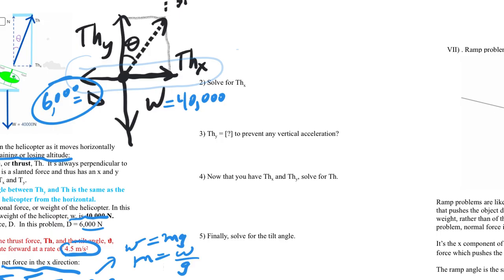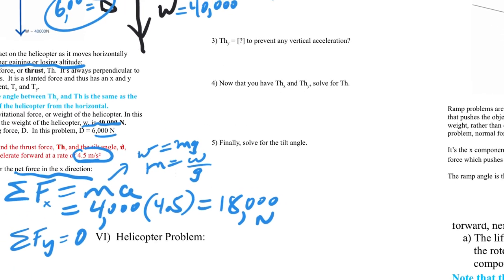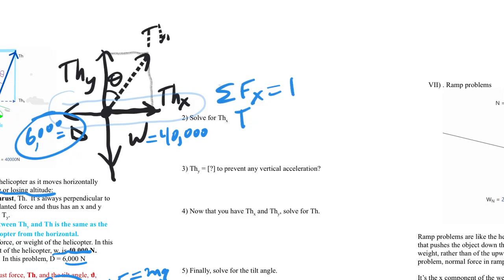And we found that the net force in the x direction is 18,000 newtons. So how do these two horizontal forces relate to the net force in the x direction?